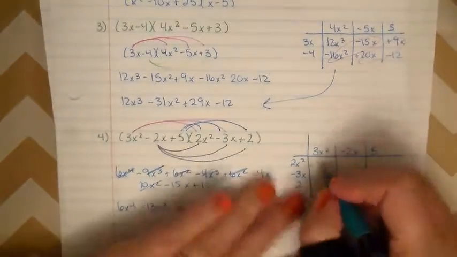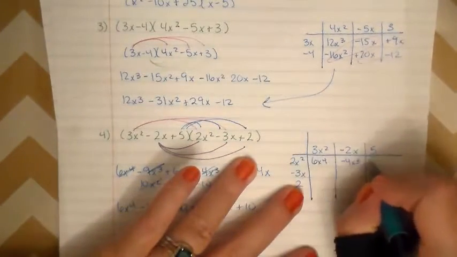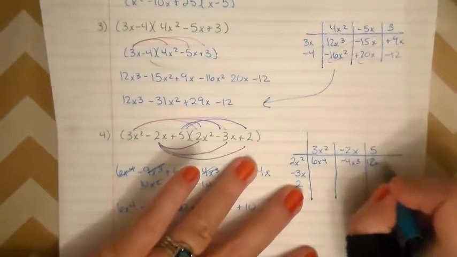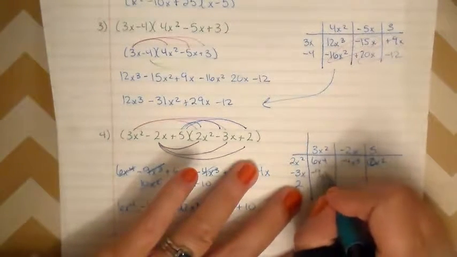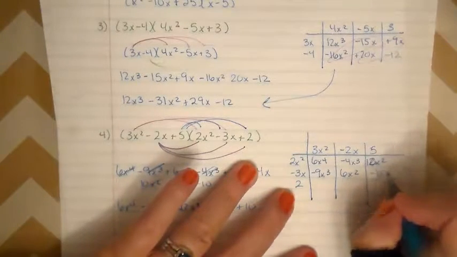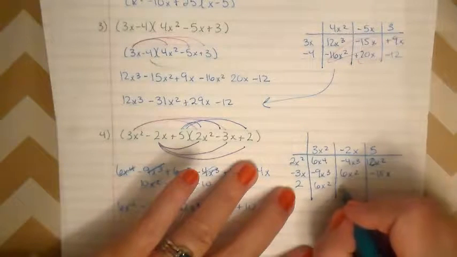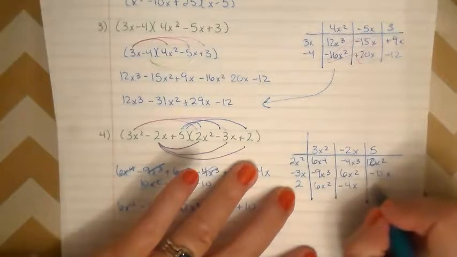If I have the table, that's 10x squared, negative 9x to the 3rd, 6x squared, 15x, 6x squared, negative 4x, and 10.